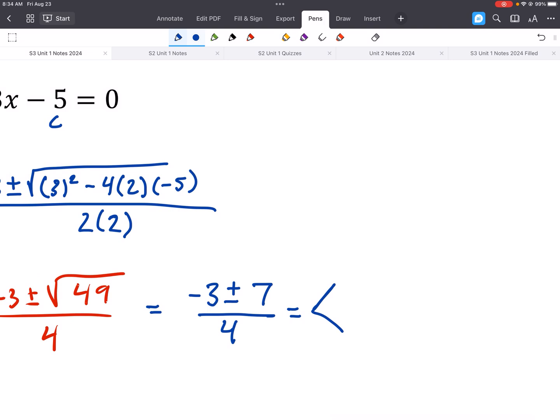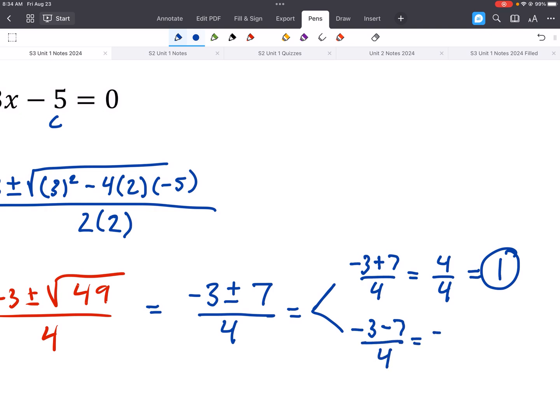Okay, so -3 plus 7 is 4. So 4 over 4 is just 1. So that's one of our solutions. And then -3 minus 7 over 4 is -10 over 4, or -5/2. Okay? So those are our solutions.